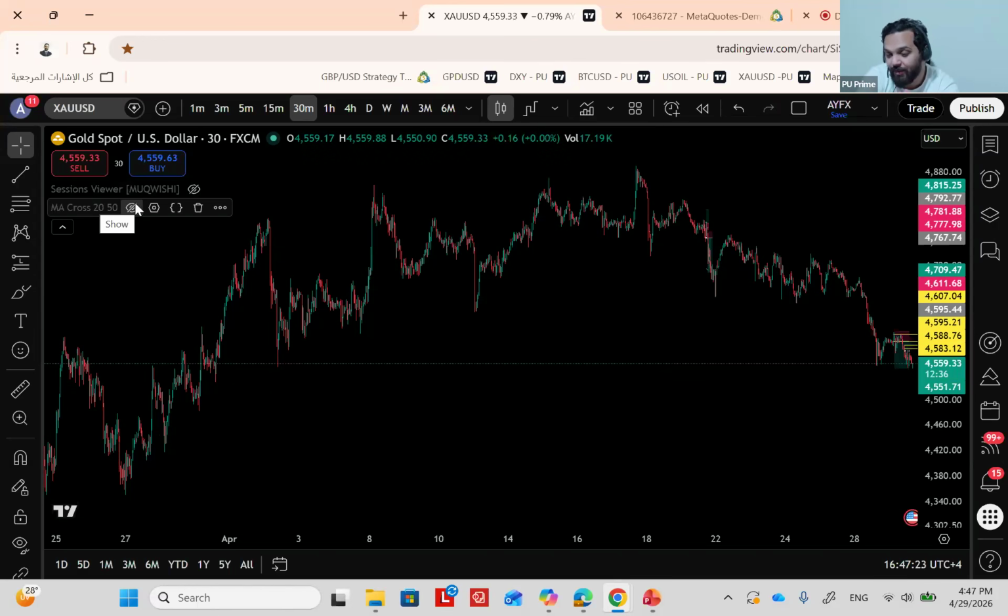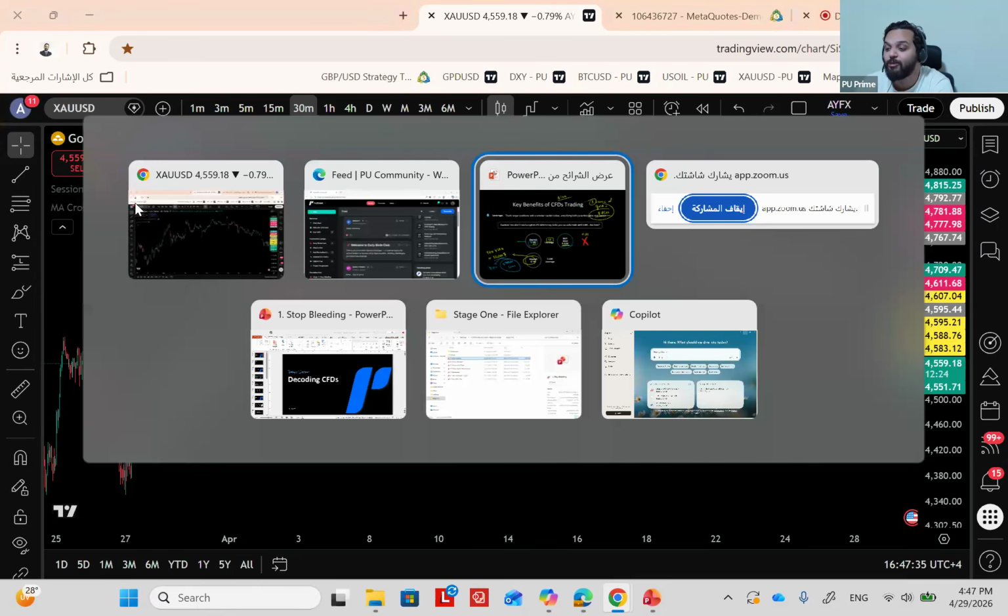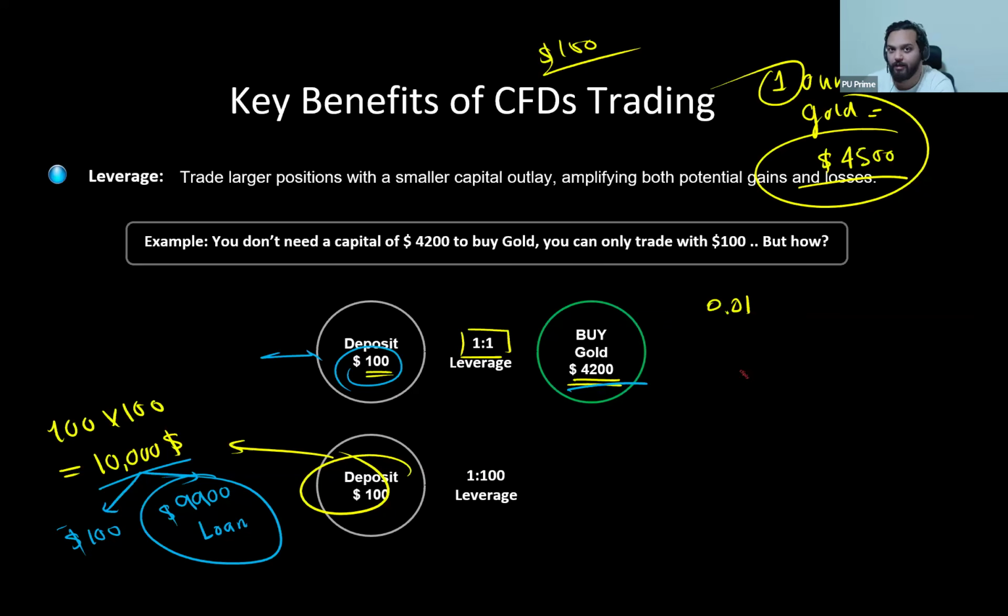Now I'll tell you one thing. Give me the $100. I will lend you $9,900, so you have $10,000. But try to survive in this market. If you survived, you will make a huge amount of money with $100 because you bought something that is worth $4,200 for just $100.